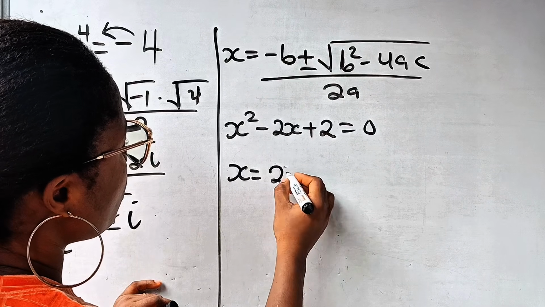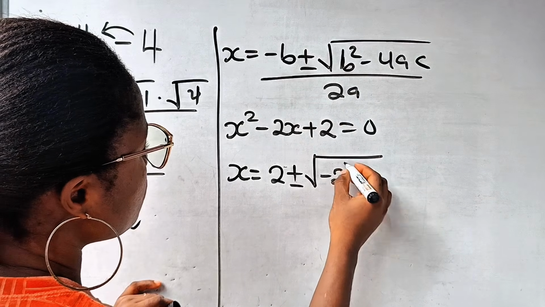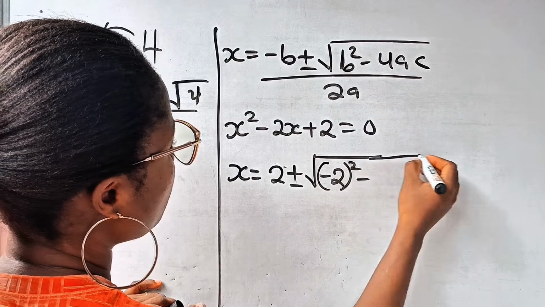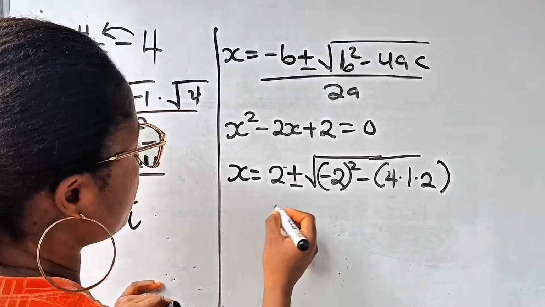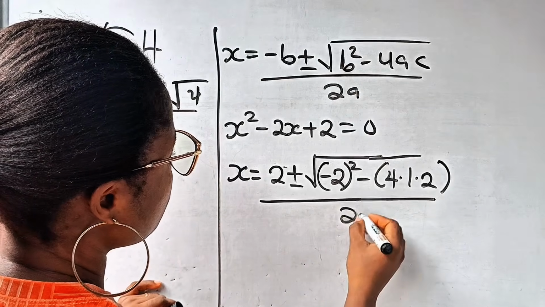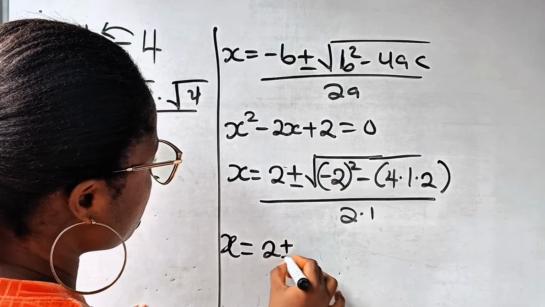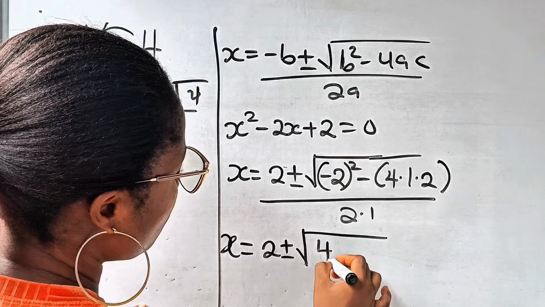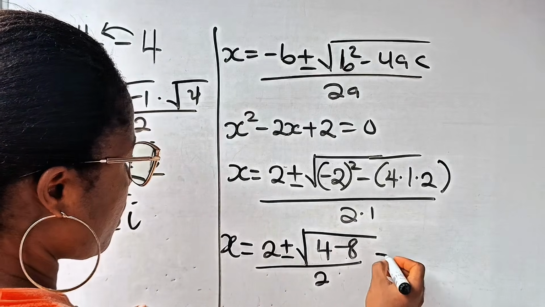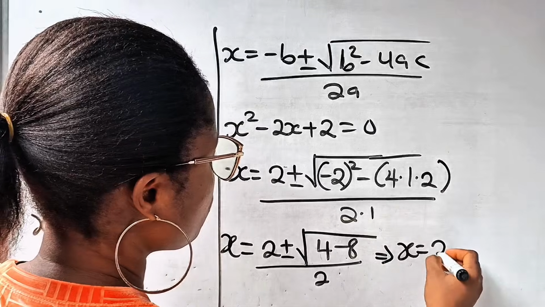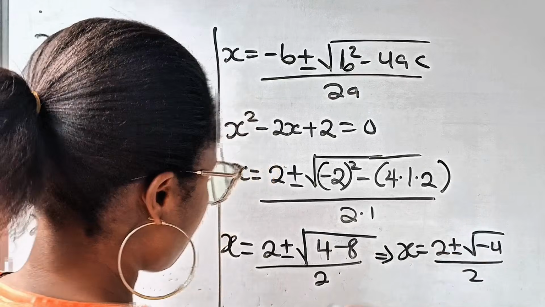So we have 2 plus or minus the square root of 2 squared minus 4 multiplied by 1 multiplied by 2, everything divided by 2 multiplied by 1. So our x becomes 2 plus or minus the square root of 4 minus 8 divided by 2. So this implies x is 2 plus or minus the square root of negative 4 also divided by 2.